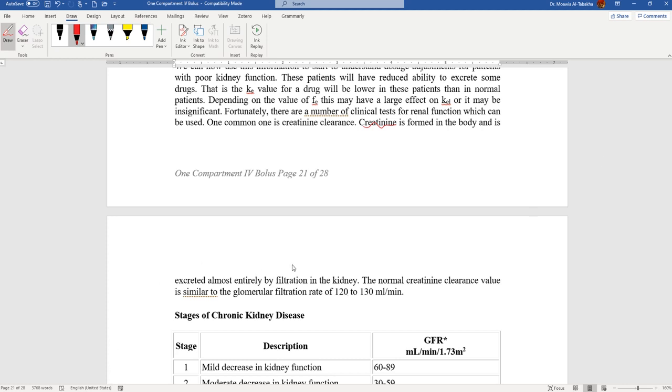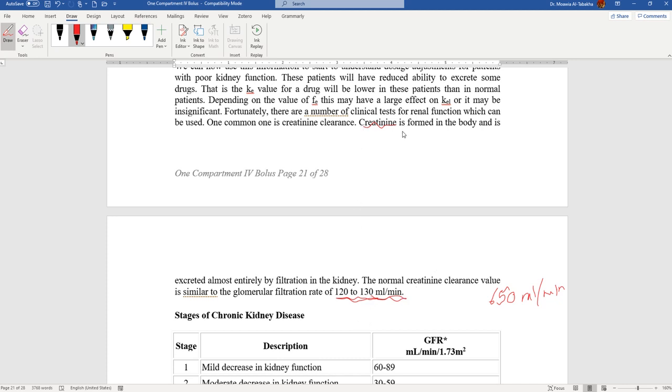Pay attention to the unit. The filtration is like filtering from the plasma that comes to the kidney at about 650 ml per minute approximately. 650 ml per minute. This is the plasma, not the blood. Blood is almost double. Okay, from 650, how much of it gets filtered? 120 to 130 ml per minute.